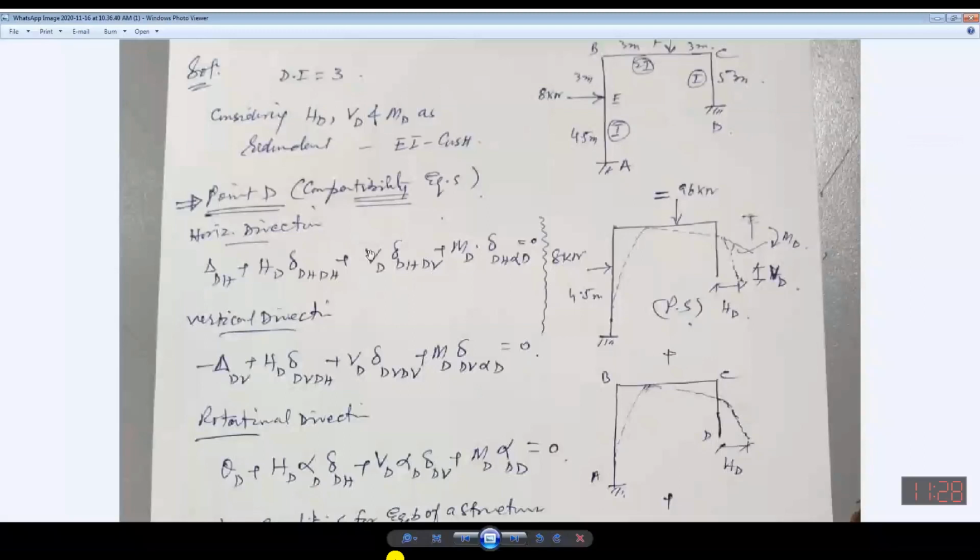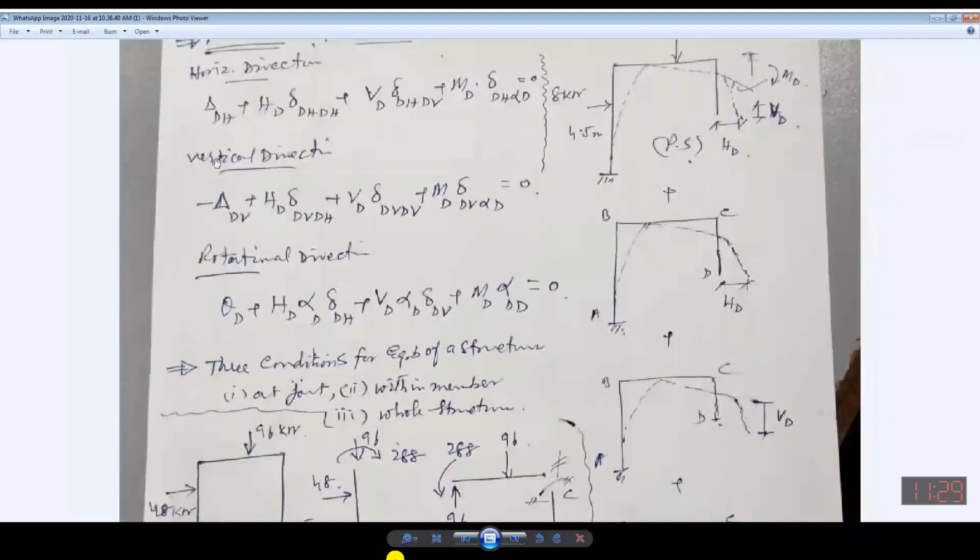Similarly, this is the flexibility at point D in the horizontal direction when unit moment has been applied at point D. Why, brother? You are welcome. Yes, right, son. Is it clear? I will also tell you about the rotational direction, I will tell you the rotational one too, and the vertical one as well.